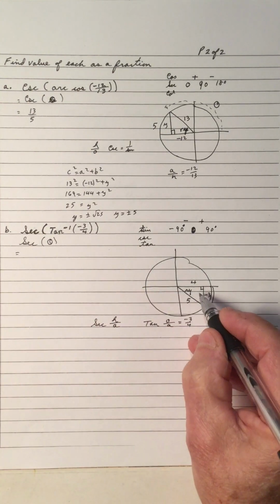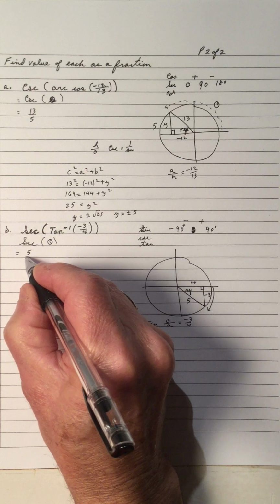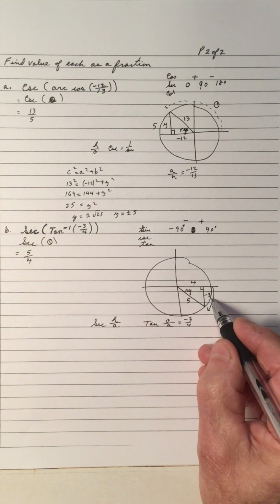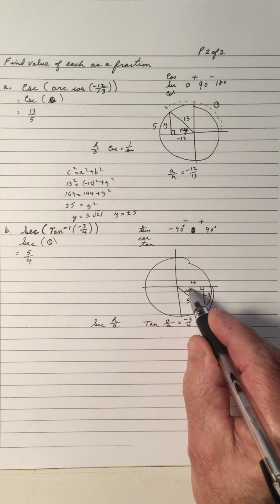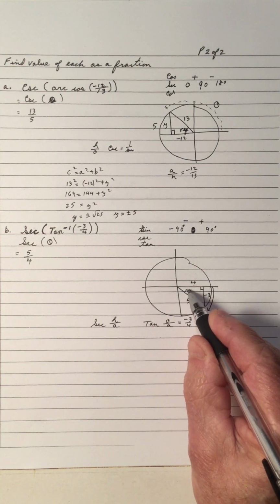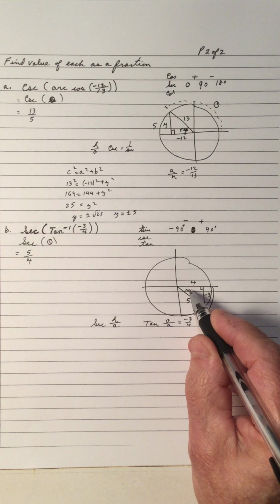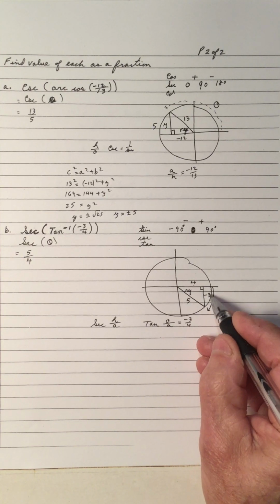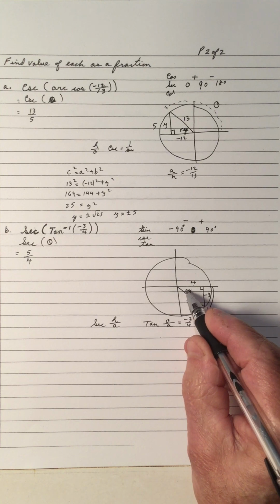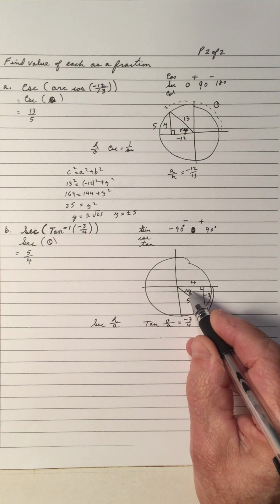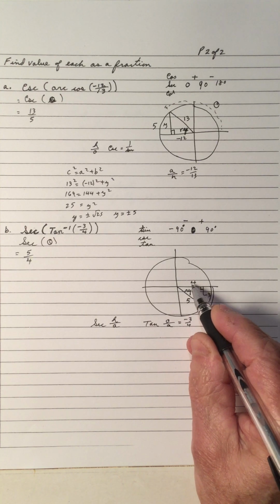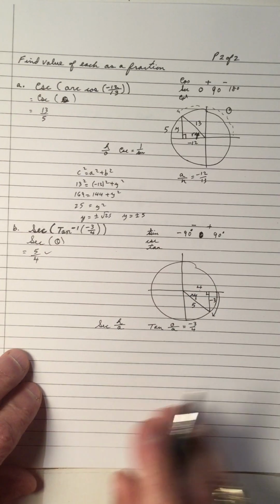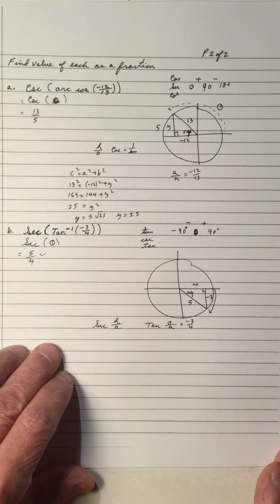The hypotenuse is 5 over the adjacent, which is 4. Again, we didn't need the angle. It would be no trouble to work that angle out and pick out that it's negative, but I don't need it. I just need to go with hypotenuse over adjacent. And there's the answer. So that's a couple more examples.